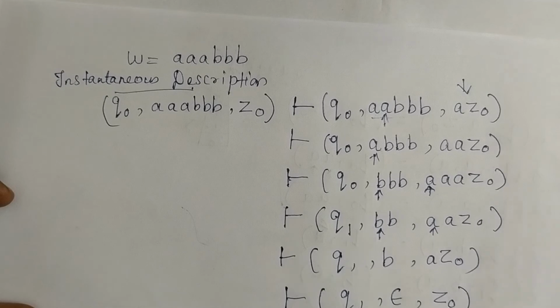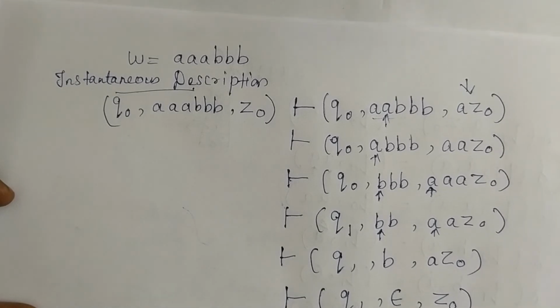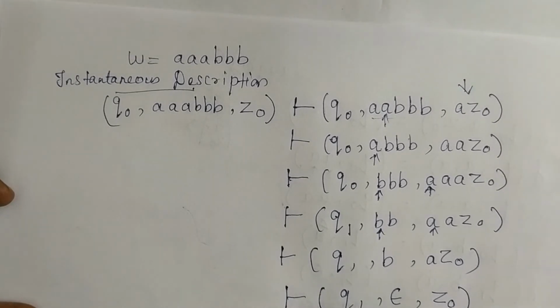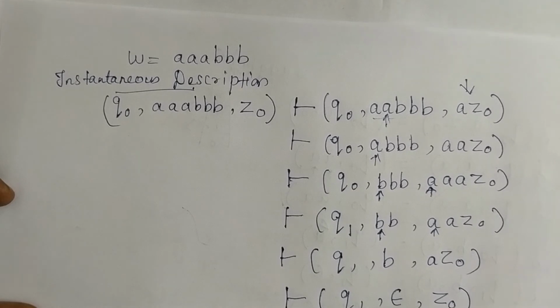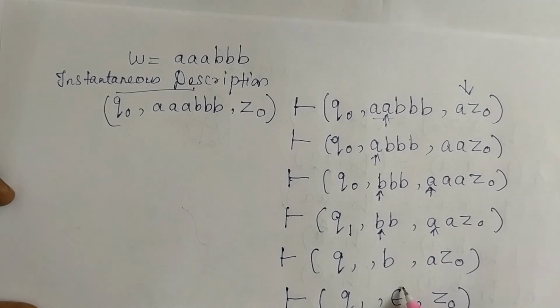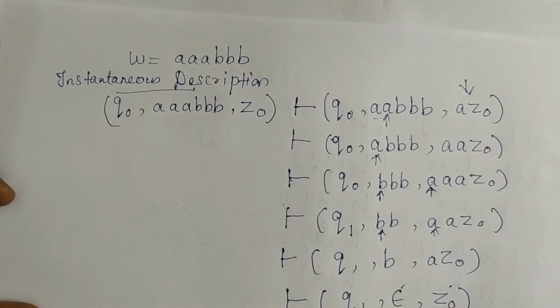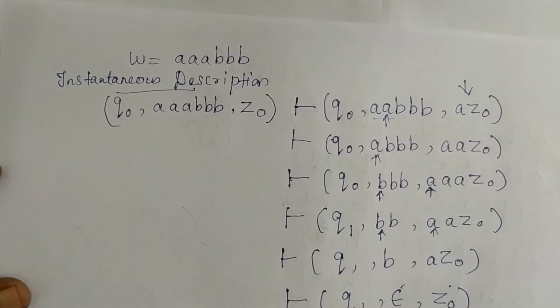Okay, now we can understand that. Here also we can show it by reaching the final state. If it is going to the final state, and we know that while seeing an epsilon and z0, it reaches the end of the string. That means the string was accepted.